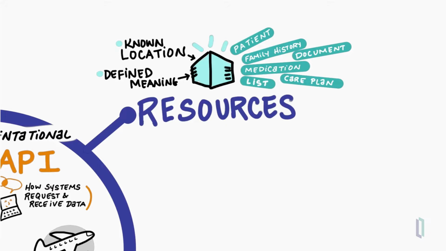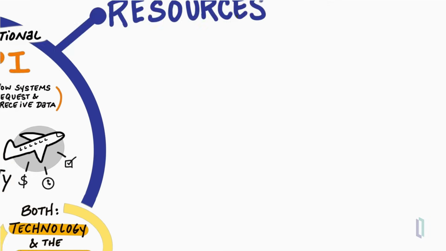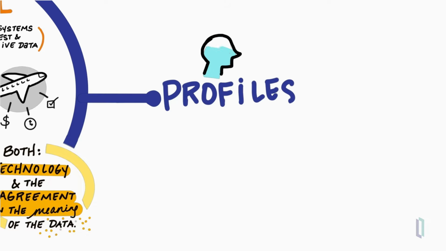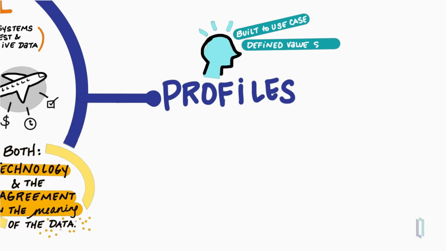And the next concept that is important is FHIR profiles. And FHIR profiles are the customization of the FHIR resources for a particular use case. So you create a FHIR profile for a resource for your particular use case.